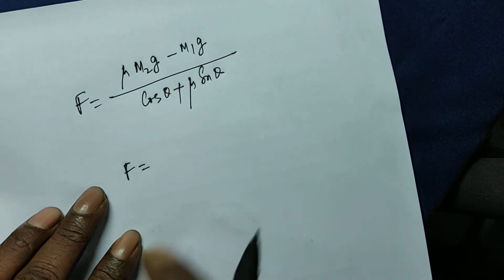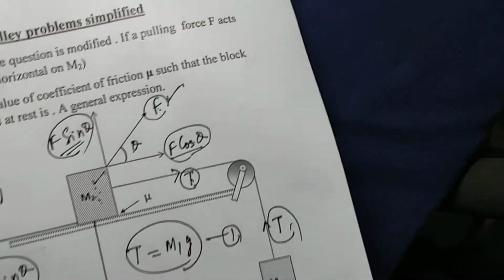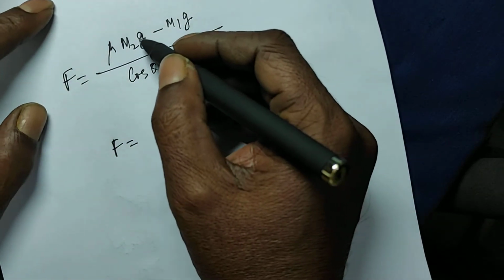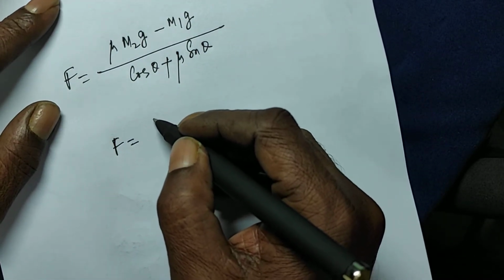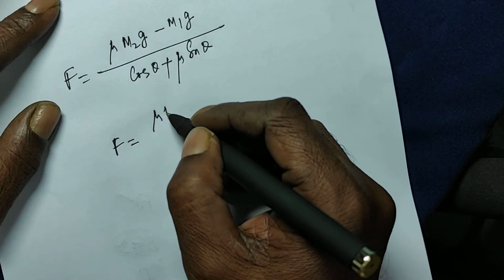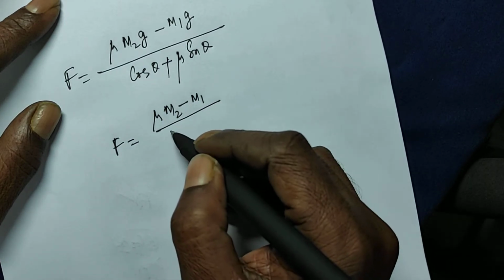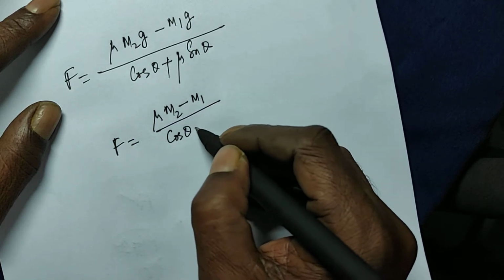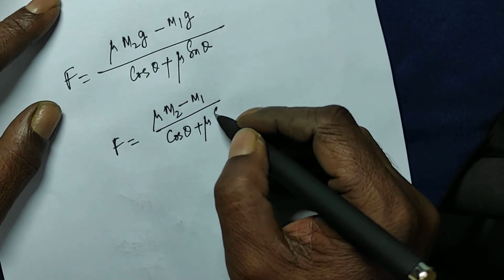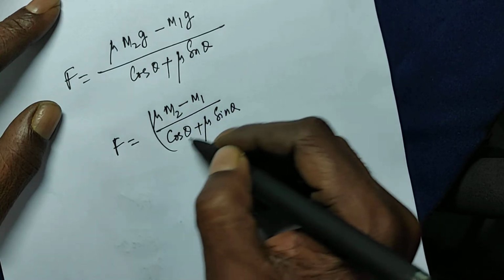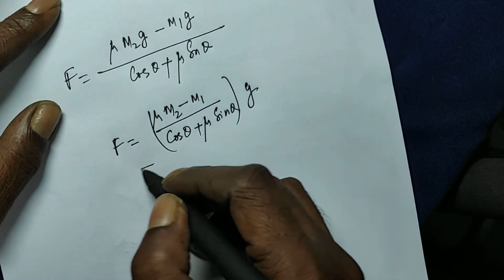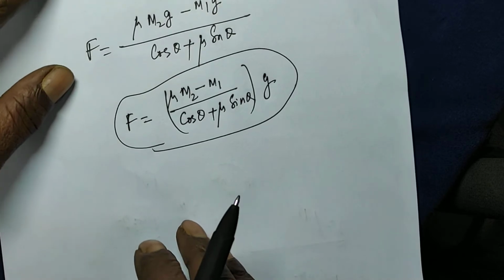Then you can write it in a decent way. It is wise to write expressions in a decent way. If you take g common, this becomes (mu M2 minus M1) over (cos theta plus mu sin theta) times g. Why am I writing in this way?